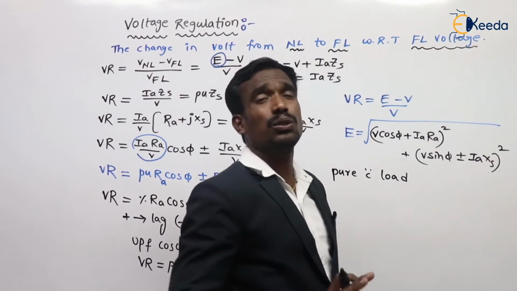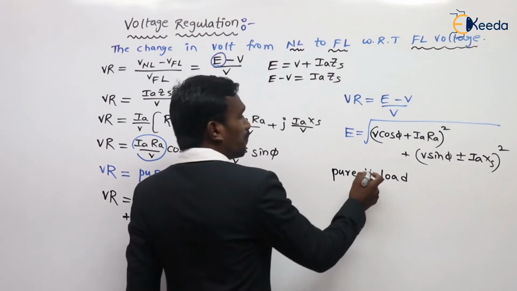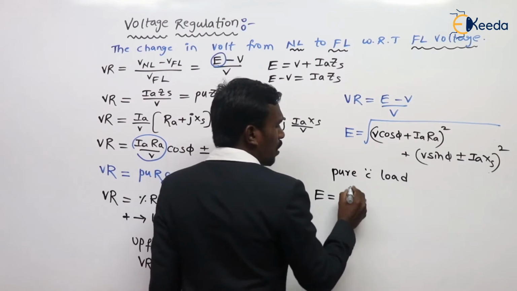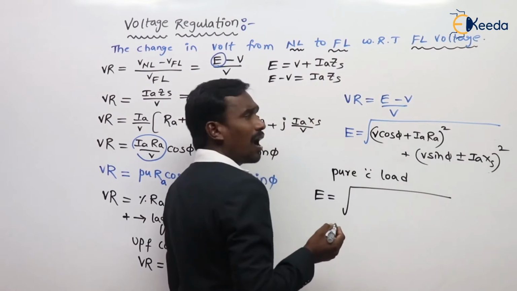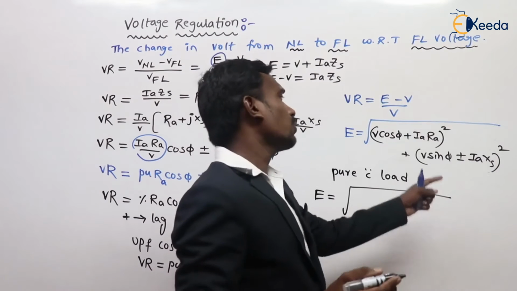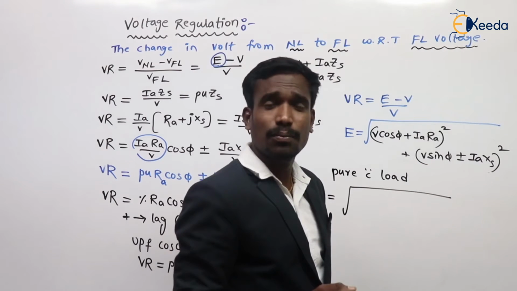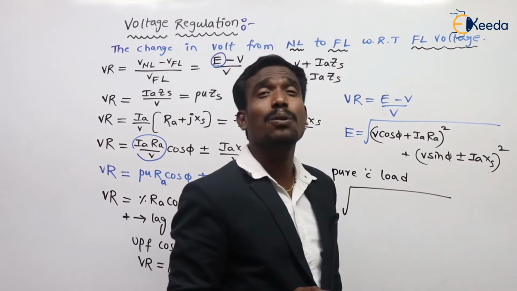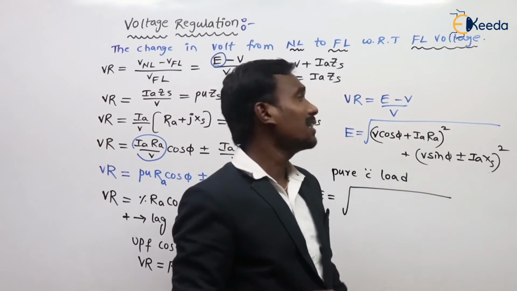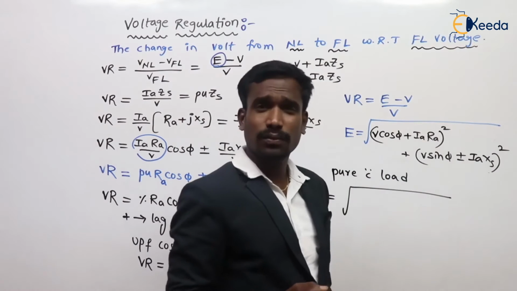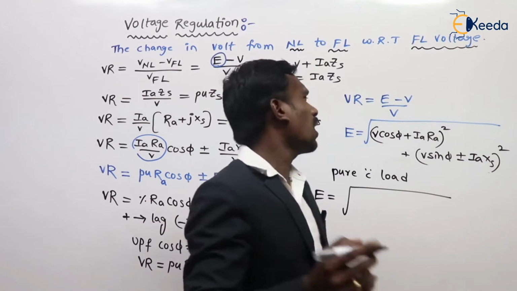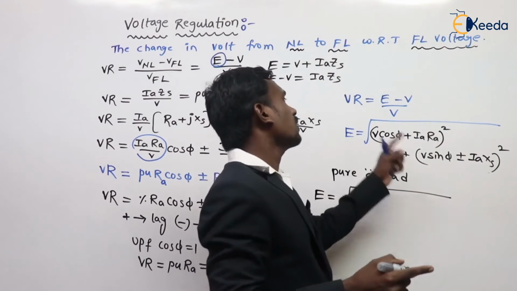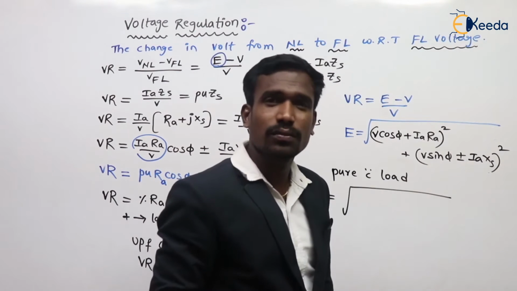Like that they may ask you a question. So if it is pure capacitive, nothing but zero power factor leading, you have to substitute cos phi 0 and sin phi 1. Like that you have to calculate the EMF value, and after that you have to find the voltage regulation.